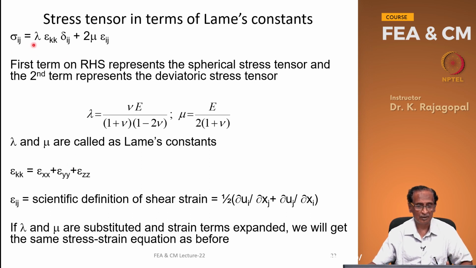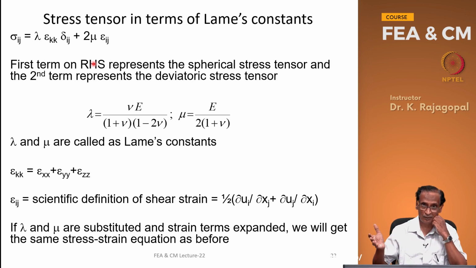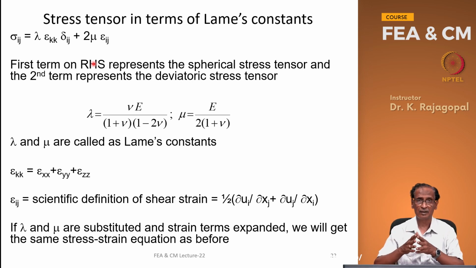Okay. So, this is what we have done when we decompose the total stress tensor into deviatoric part and then the spherical part. And do not confuse the total stress tensor here with the total stresses that we have in soil mechanics, because here the total stress tensor is the sum total of the spherical stress tensor plus the deviatoric stress tensor.